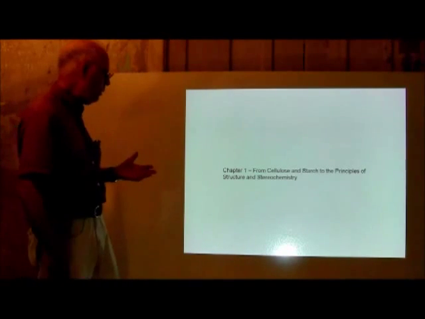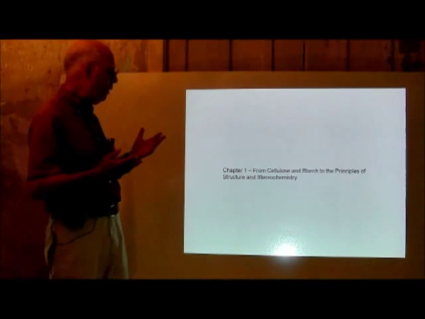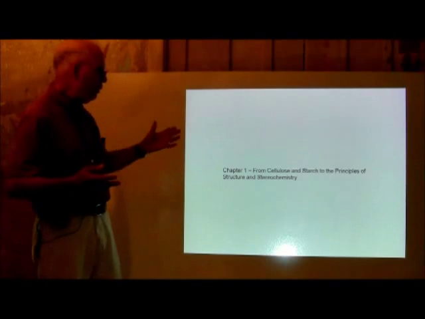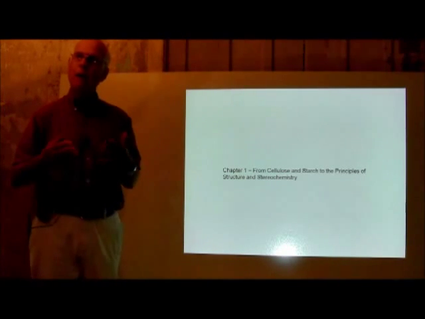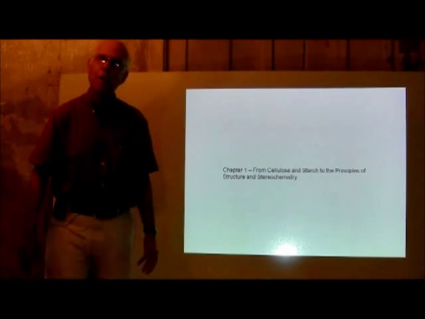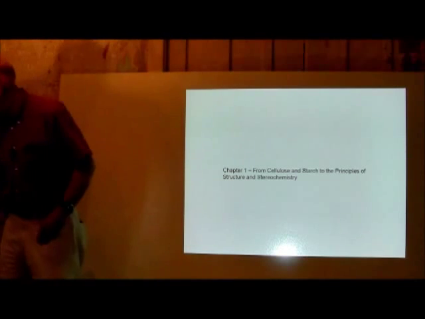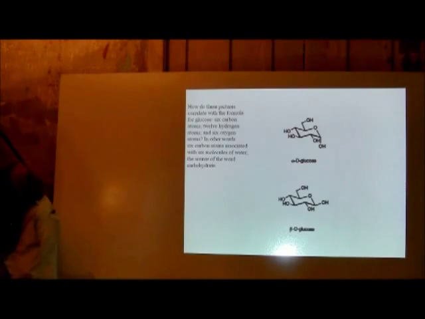We're going to discover that it's possible to learn the fundamental principles of structure and stereochemistry by looking at the structure of glucose in its various forms. And that's what I would like to begin with.